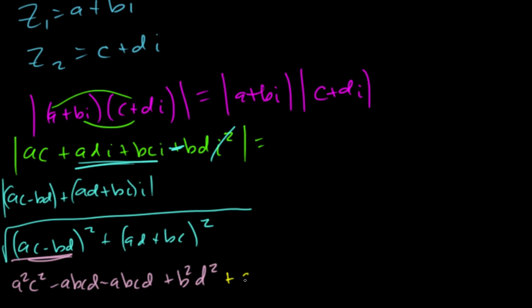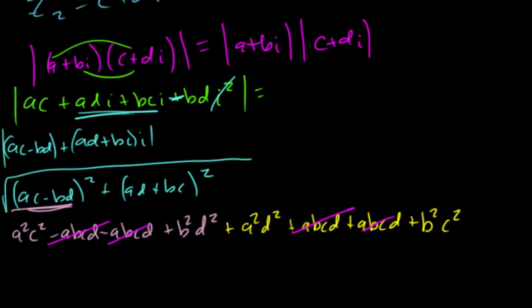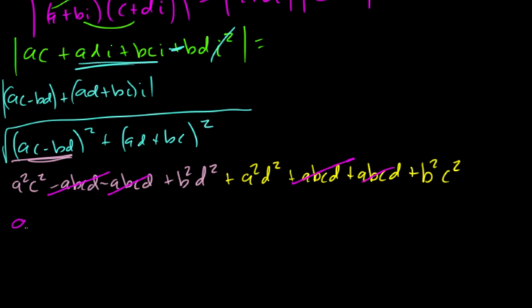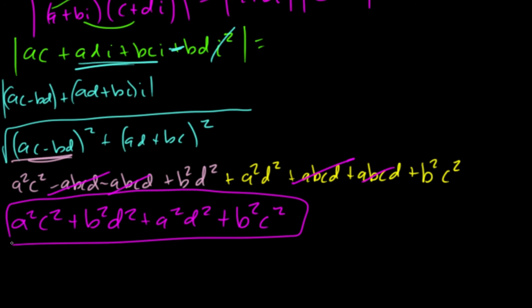And then it's going to be a squared d squared plus abcd plus abcd plus b squared c squared, which this cancels this and this cancels this. So we have a squared c squared plus b squared d squared plus a squared d squared plus b squared c squared. Alright, so that's one side.